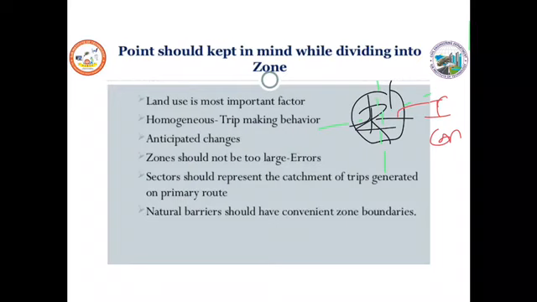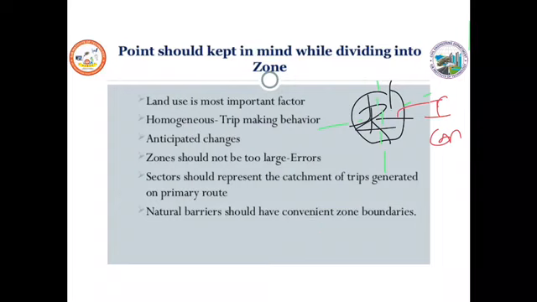So when we divide the area into subzones and zones, it should be compatible with such screen lines and cordon lines. And when we make the zone boundaries, they should preferably follow the watershed of trip making, that is, the catchment area of the trip making. Any natural or physical barriers such as canals and rivers can form a convenient zone boundary.